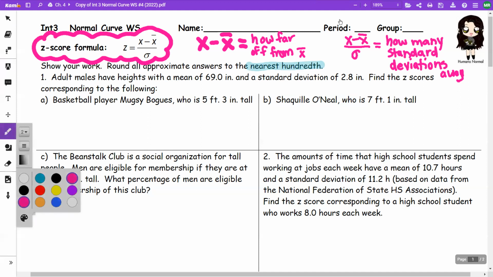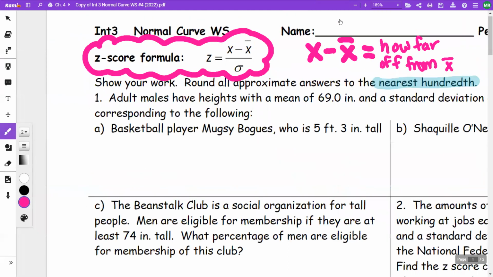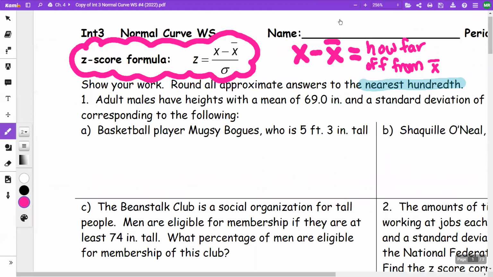So for basketball player Muggsy Bogues, who is 5 feet 3 inches tall, first off, I'm going to change 5 feet 3 inches. So 5 feet times 12 inches is going to give me 60 inches. And then he was 5'3", so when I add the 3 inches, he's going to be a total of 63 inches.